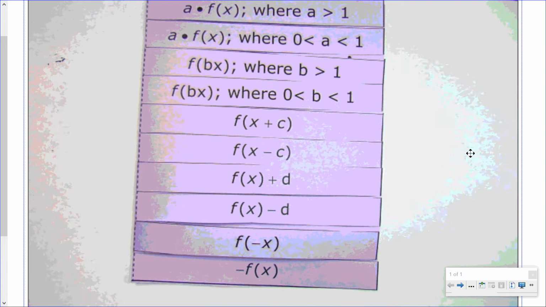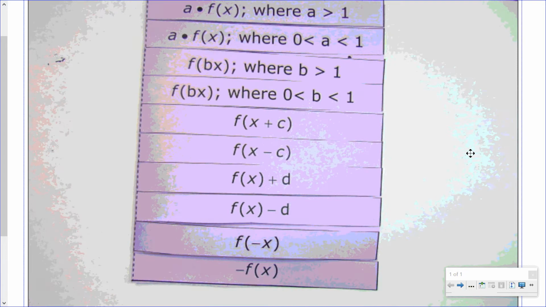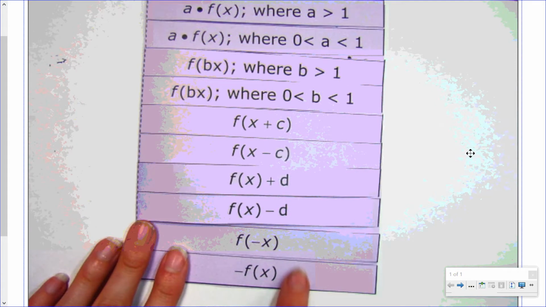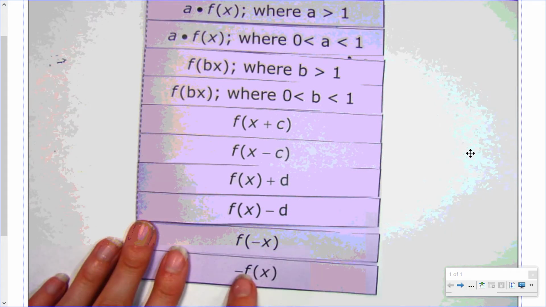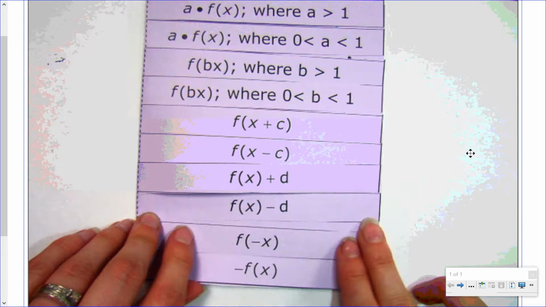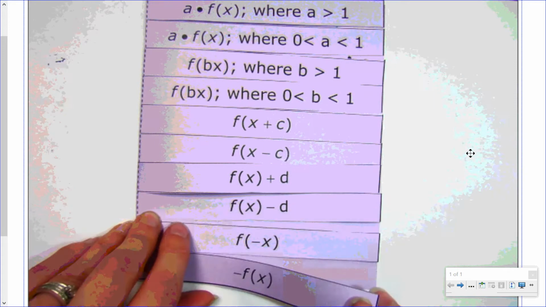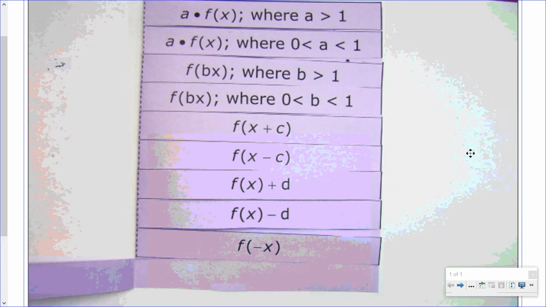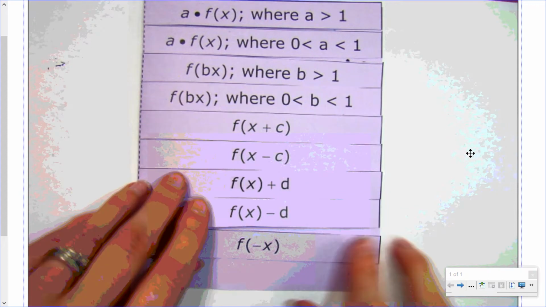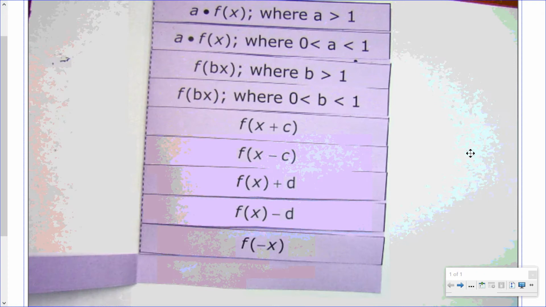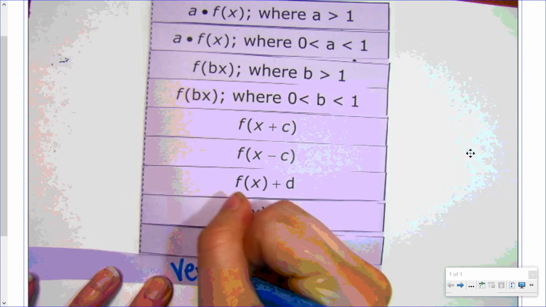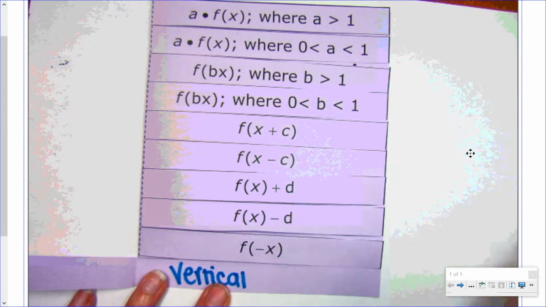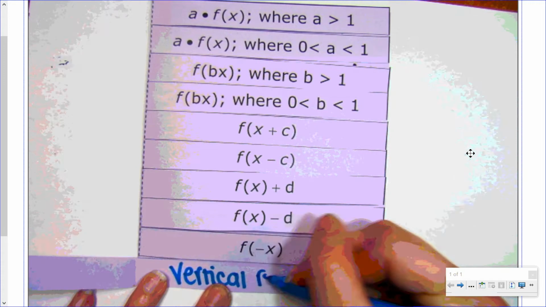Okay, so for the last one, I have negative f of x. So you can see here, this time, I'm changing my whole entire function. It's not inside the parentheses. So I'm making all of it negative. I'm changing my y value to a negative. So I'm going to have a vertical change, and it's going to be a vertical flip or vertical reflection.